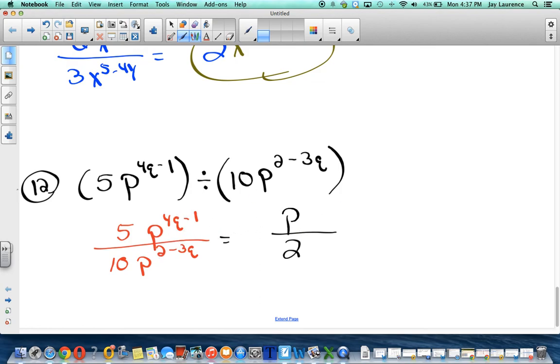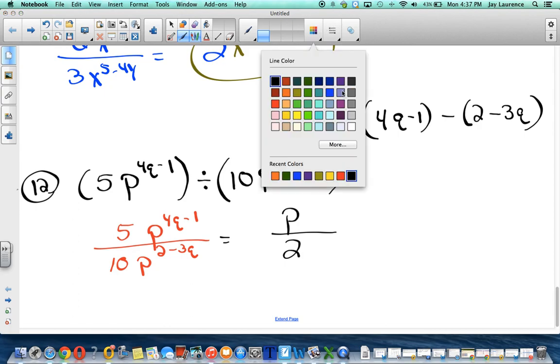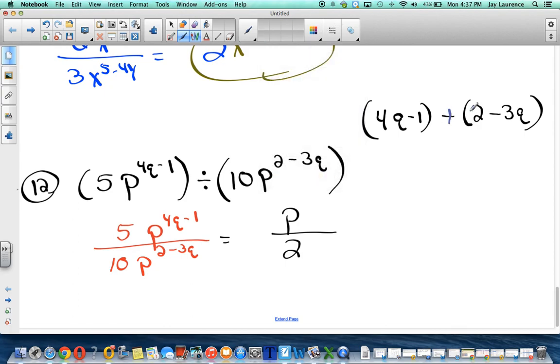The p term is going to go in the numerator, but I do have to do the 4q minus 1 minus 2 minus 3q. And remember, I have to distribute that negative. So it's going to look like that. So my exponent becomes 4q and 3q, 7q, and a negative 1 and a negative 2 is a negative 3.